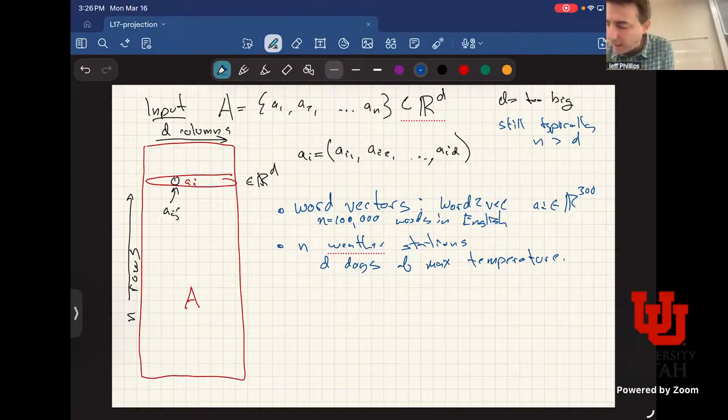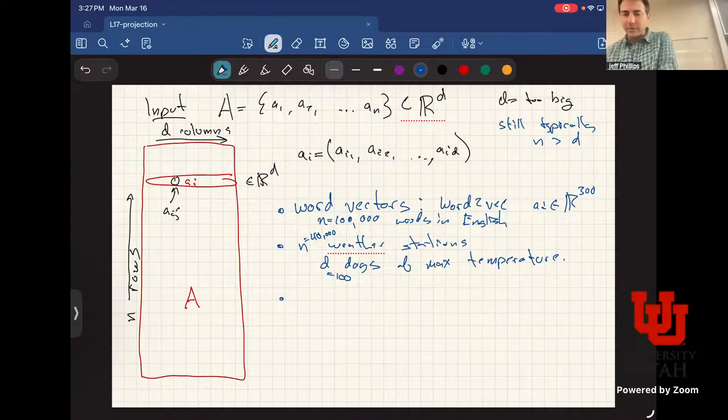So now I might have N equals 40,000, and D might be like 100 days of the max temperature. Okay, so I could think of this, and now I want to understand something about the structure of how weather stations are similar to each other, but I don't need 100 days. I should be able to capture that with fewer than 100 days. Okay.